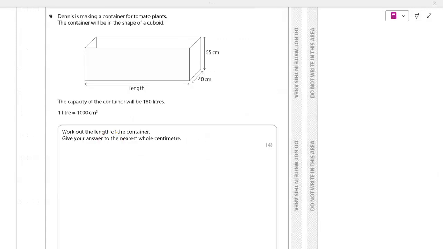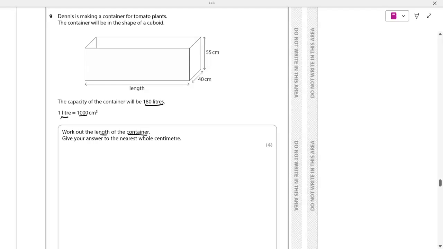Question 9. Denise is making a container for tomato plants. And it says the capacity of the container will be 180 liters. 1 liter is equal to 1000 cubic centimeters. So we need to work out the length of the container.